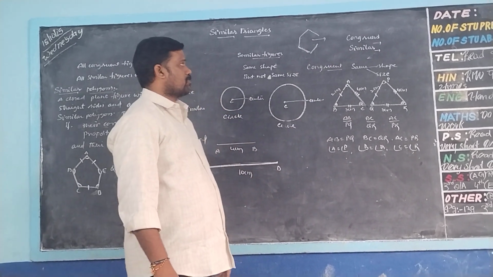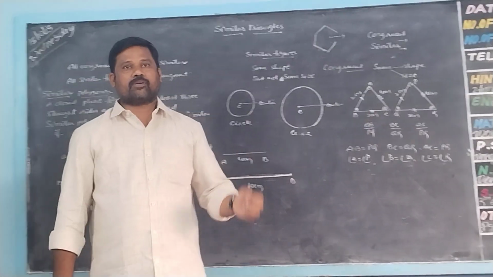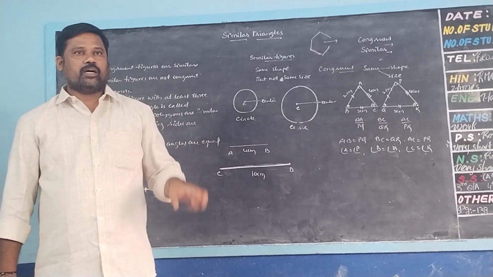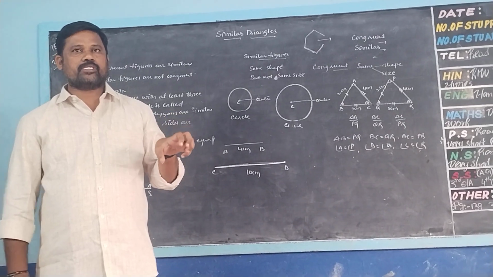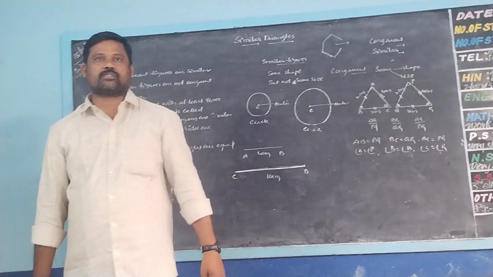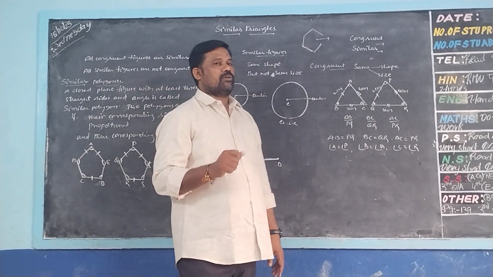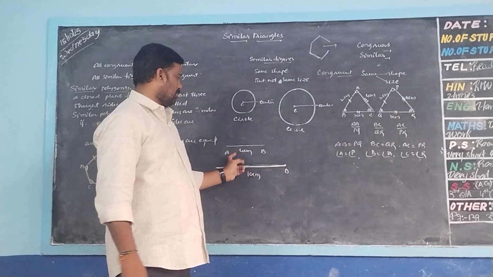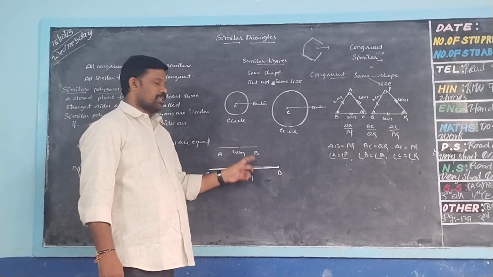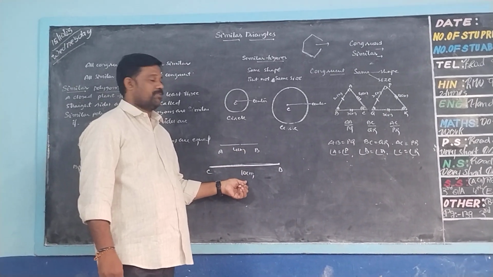Now I will explain similar figures. When we take two different triangles, their shape is similar but not size. When we take two line segments like AB and CD, their shapes are the same but their sizes are different.